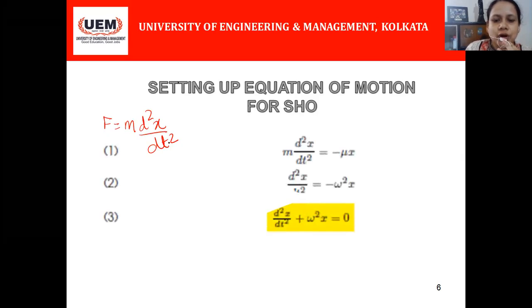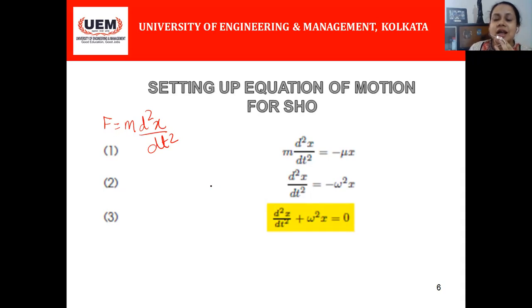And for a simple harmonic oscillator, as we have discussed in our previous lectures, the force acting on the oscillator at every point of its motion is the restoring force, because the force tries to bring back the particle to its equilibrium position, and that force is directly proportional to the displacement of the particle or its distance from the equilibrium position.